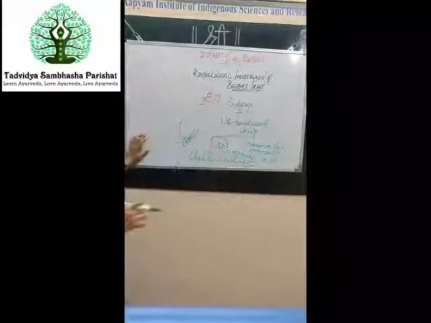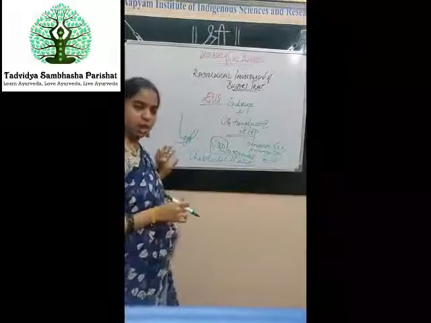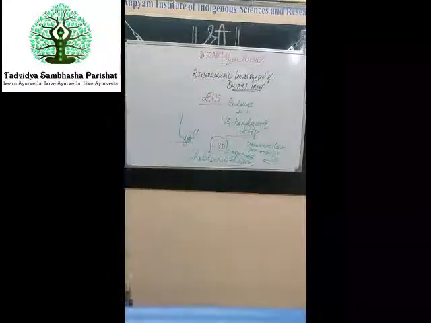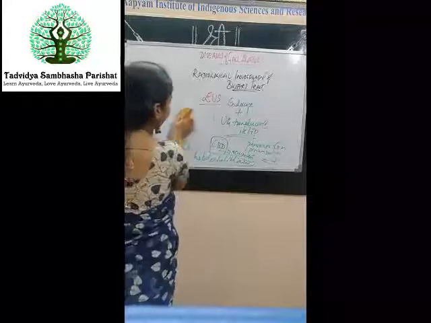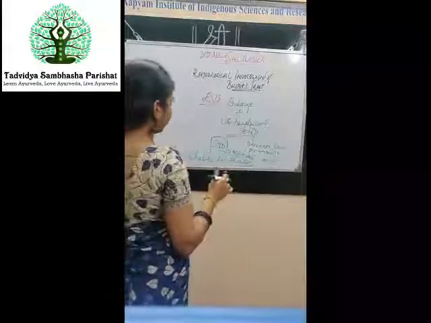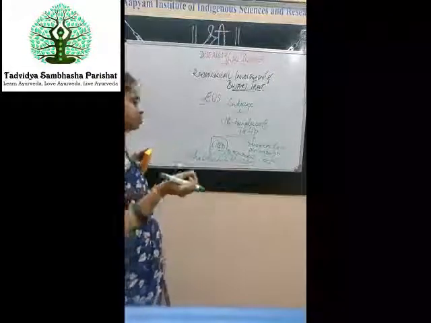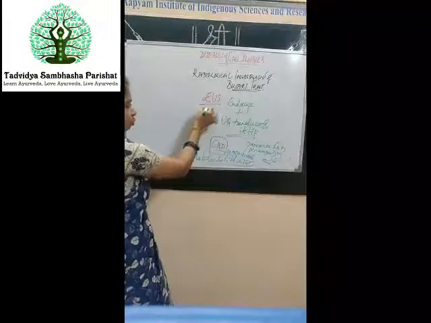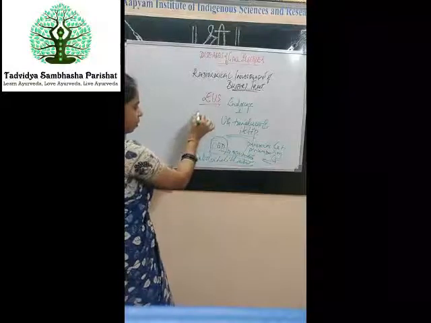So this is how EUS helps. In certain cases, EUS can also be used to remove the stone. As a therapeutic, if there is no impaction and it is easy to remove, it can be removed through EUS.